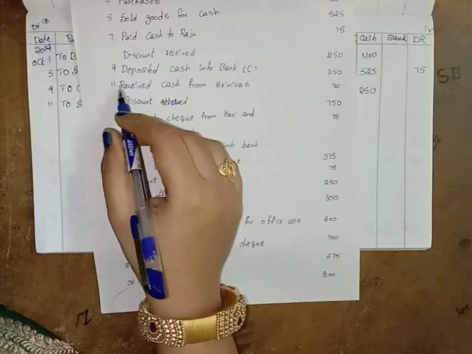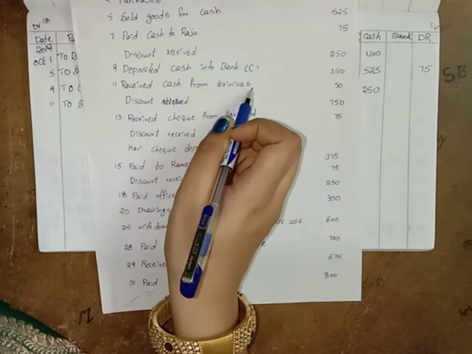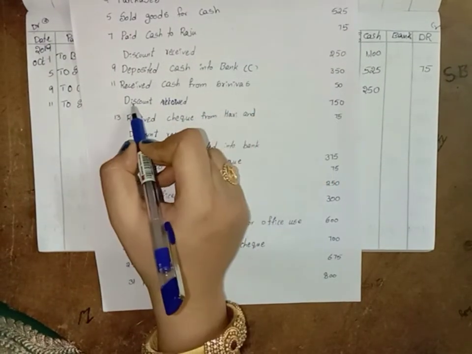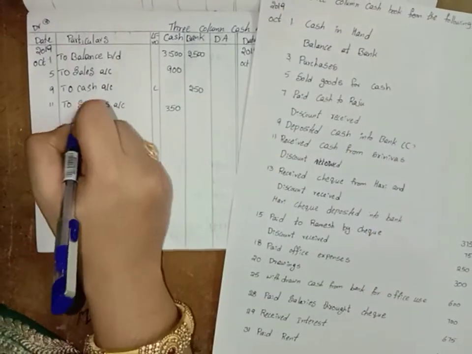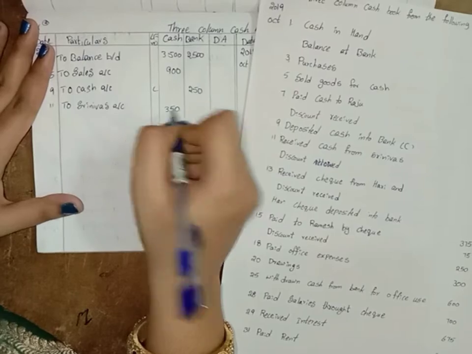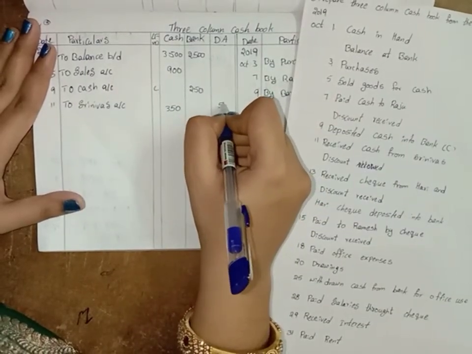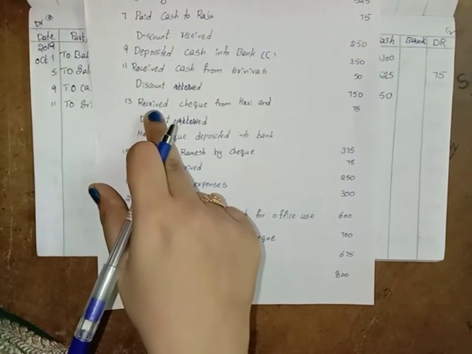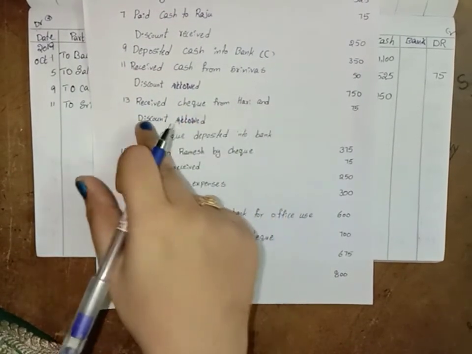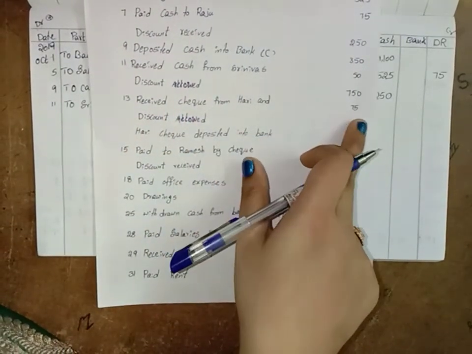And next, on 11th, received cash from Srinivas 350, discount allowed 50 rupees. To Srinivas account, cash 350, discount allowed 50. And next, on 13th, received check from Hari and discount allowed 75.